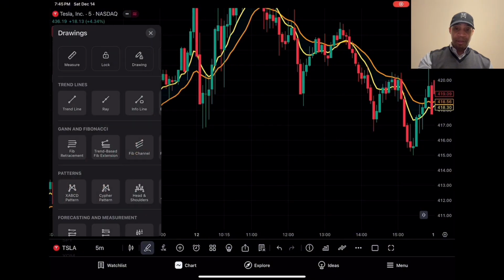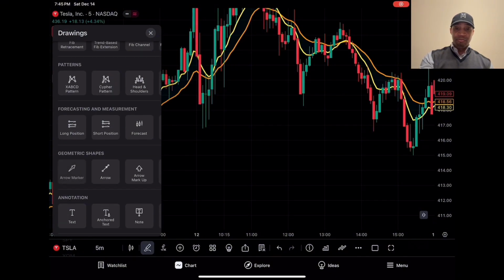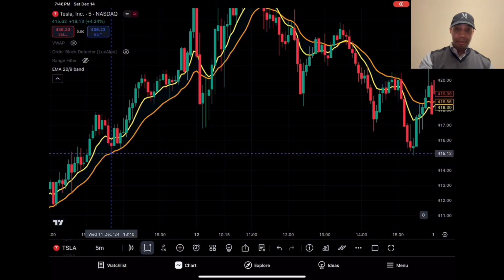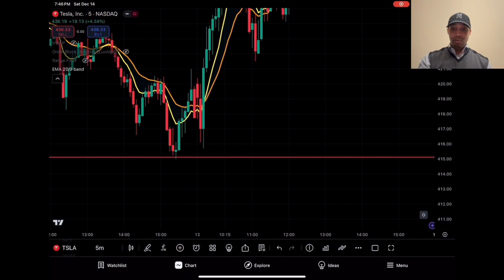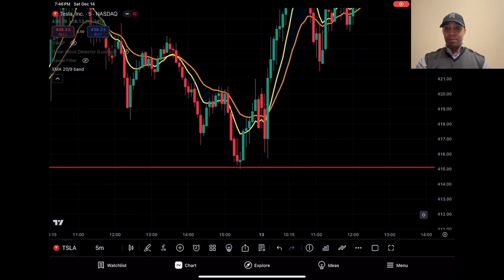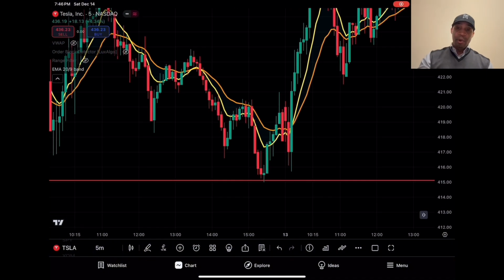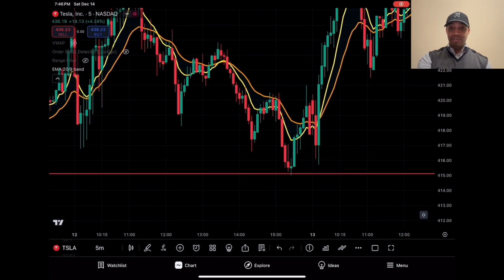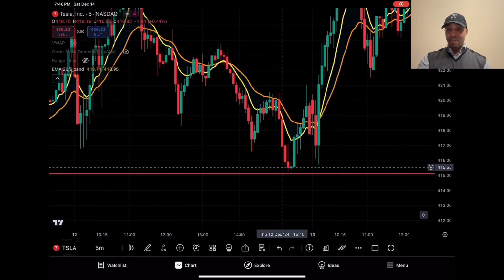We're going to get back over here, and I'm going to draw my resistance area right here. And as you see, where are we at? We got this bottom over here and we got this bottom. If I'm paying attention to this, what I'm waiting after I draw my line out here, I'm waiting for price action to come right back down to my area.